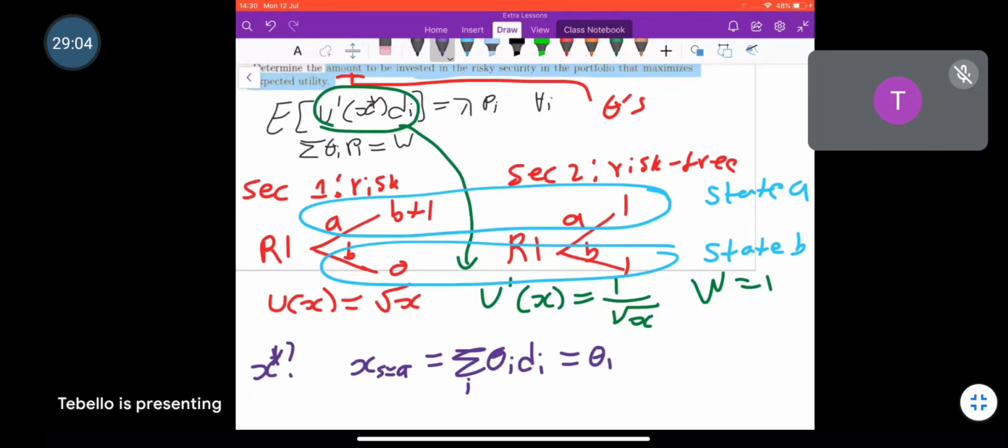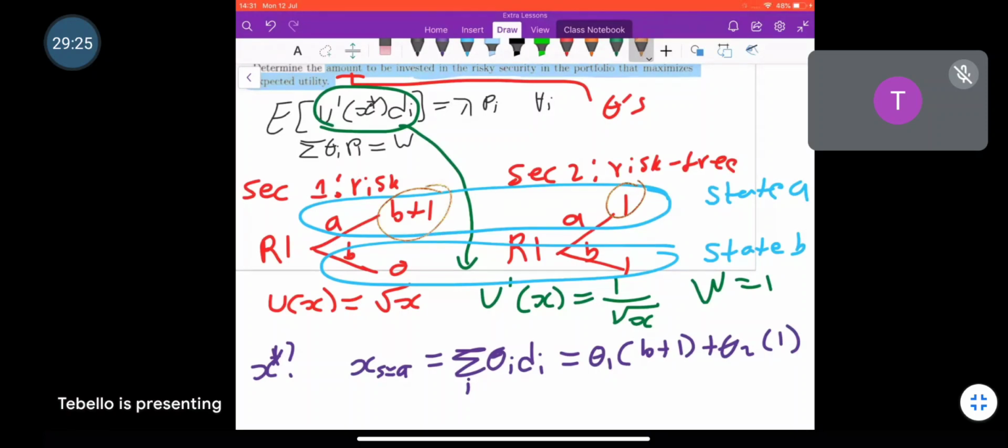The payout for this one is going to be B plus 1, right? And then the amount of security 2 you buy, and the payout for this one is going to be 1.